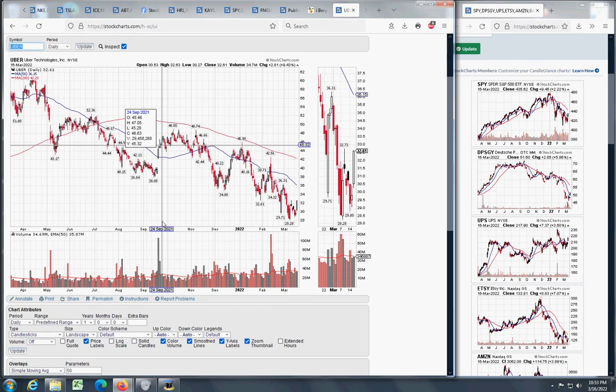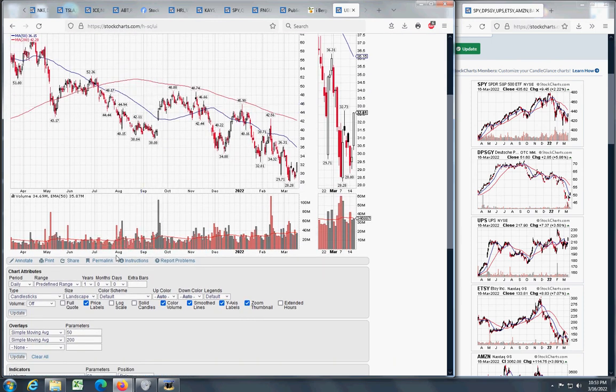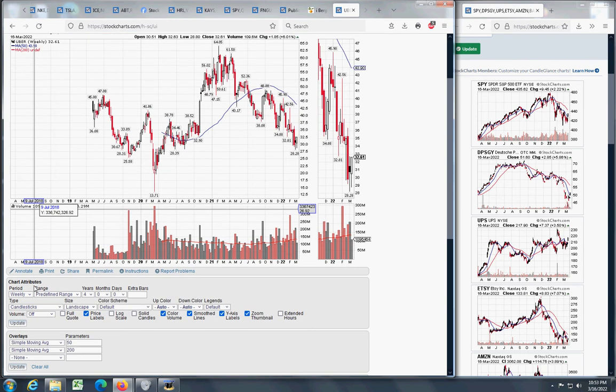And by the way, here is the thing about horizontal price levels. You can go down here and change the time period to 5 years, although on Uber you don't need to do it because it hasn't been around for that long. Then change the period to weekly, and click update.